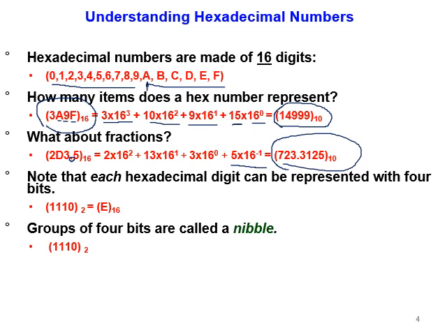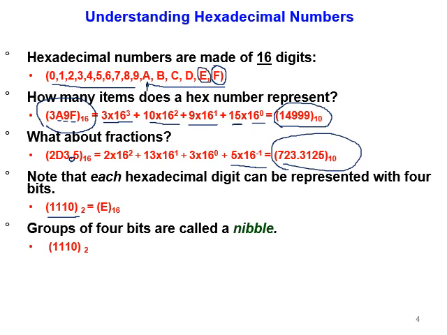Note that each hexadecimal digit can be represented in 4 bits, because the highest number in hexadecimal is F, which is 15. It's represented as you can see here by this presentation. Now, as an example, take E. How much is E? E is 14. Agree? Okay.